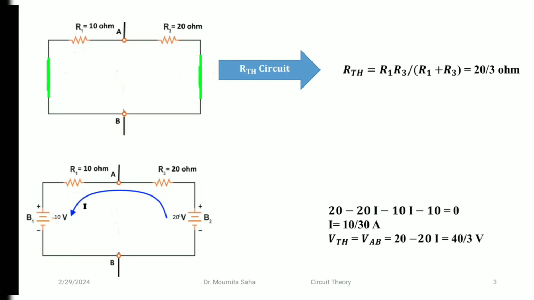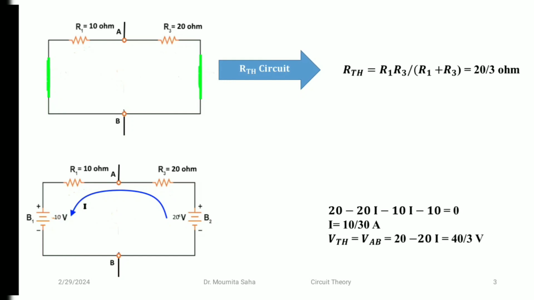So when current flows through the resistors, voltage drop will happen here. Here we can see that there are two voltage sources, B2 and B1, and as in the phenomenon of river flow, here also current will flow from the higher point towards the lower point. The higher peak mountain point is B2, so it will flow from B2 towards B1.